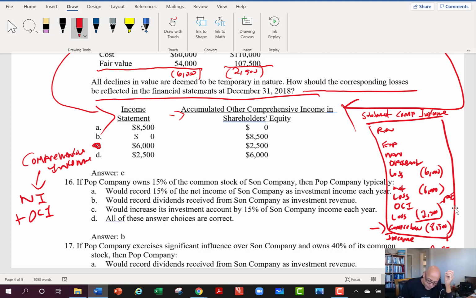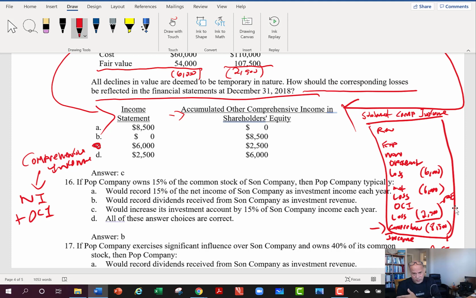Okay. So in this question, it's a little annoying because first they're talking about the income statement, and then they're talking about other comprehensive income in shareholders' equity. Yes, after I close it, but it does get reported on the statement of comprehensive income at some point. It stops there.